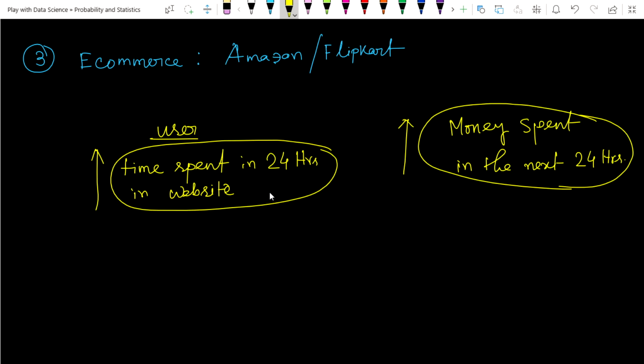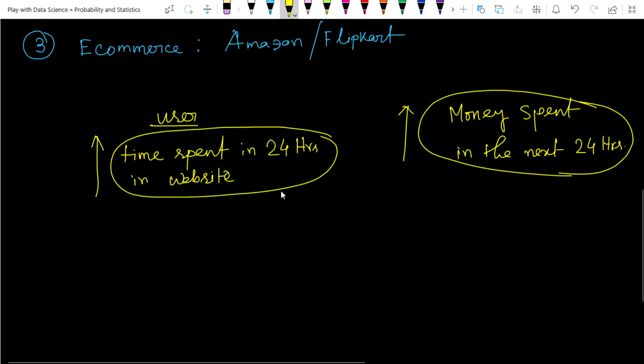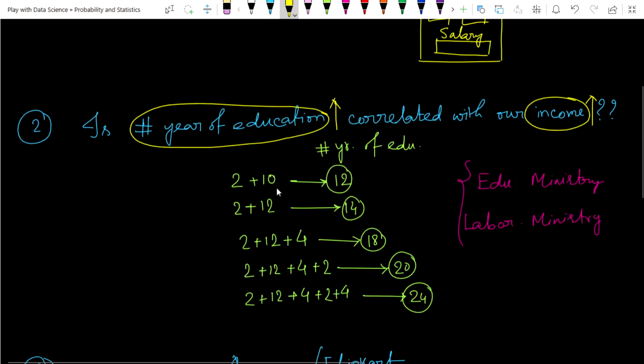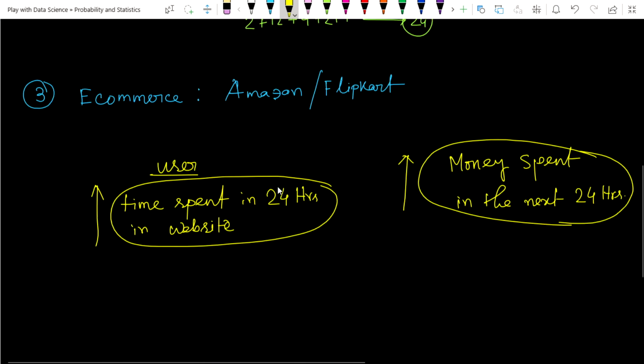That means you will spend much more time on the particular page, on the website, and after that you will spend the money. So this kind of relation is very useful in the world of e-commerce. I think you got the idea of how correlations actually work in the real world.